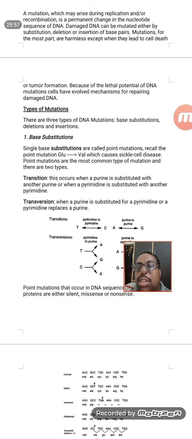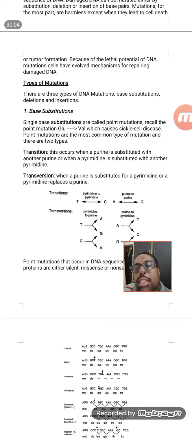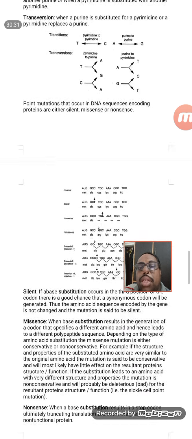In DNA, whenever a mutation causes a base substitution, the normal rule is that adenine, that is A, will pair only with T, and G will pair only with C. Sometimes, instead of T, A can pair with G. These types of mutations are called base substitution mutations.